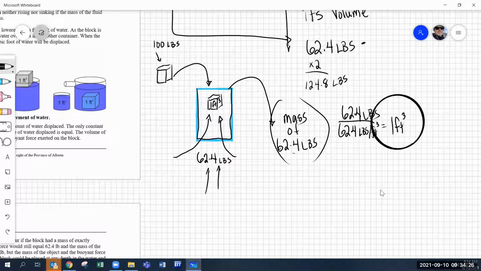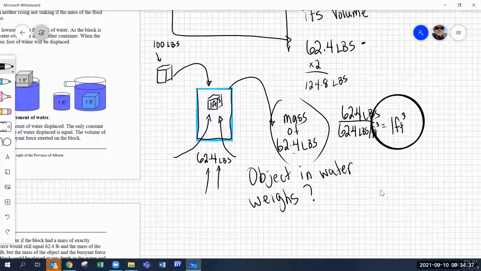While this object in water weighs how much? It weighs 100 pounds in air, and if I take off its buoyant force, this object weighs 37.6 pounds when it's immersed in fresh water.